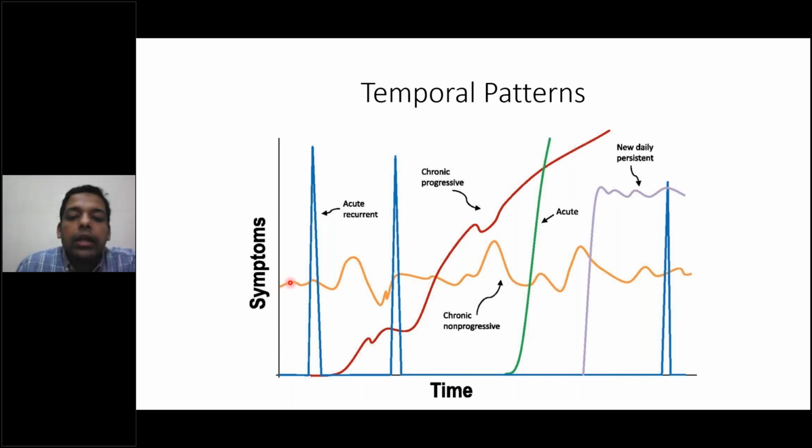Then the mustard line is that the symptoms persist throughout, however intermittently their frequency or intensity may increase. So this is a chronic non-progressive headache. More or less the intensity is static.